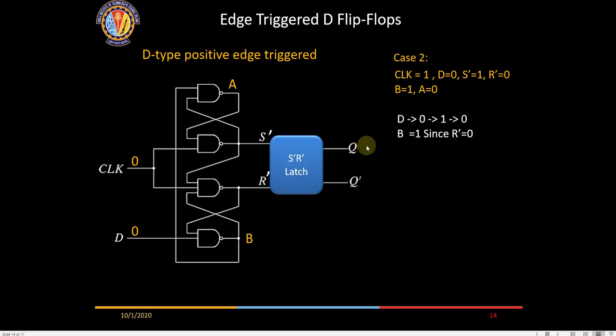Just before the clock is coming, suppose this is 1, so this R dash will be available here as 0. So is it clear? B will keep changing, but the output will not get changed. It will continue to remain. Is it clear, or is there any confusion?